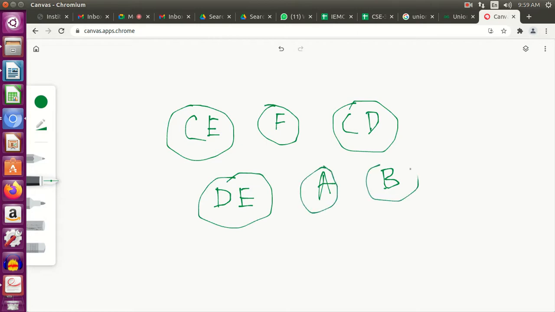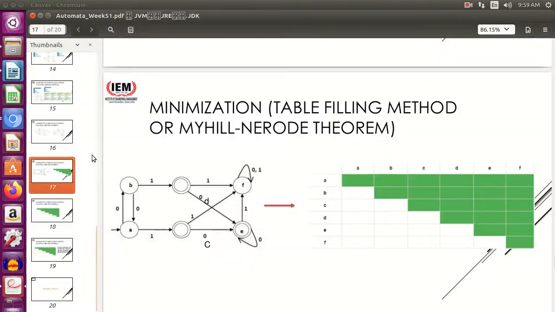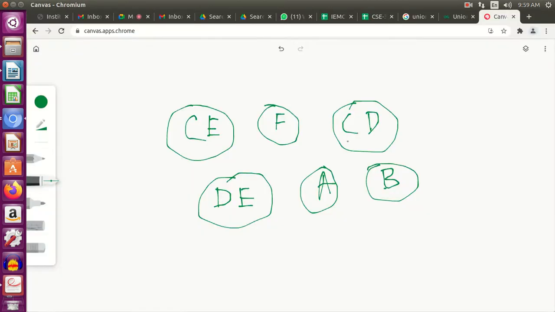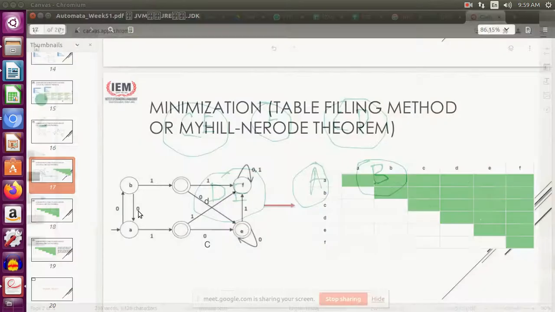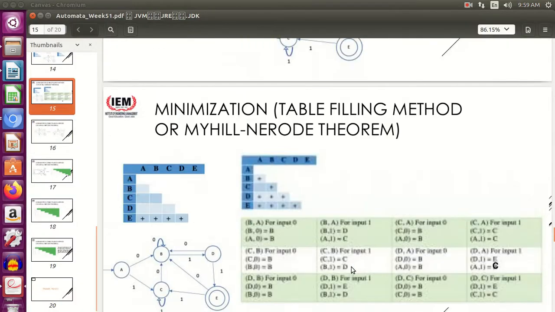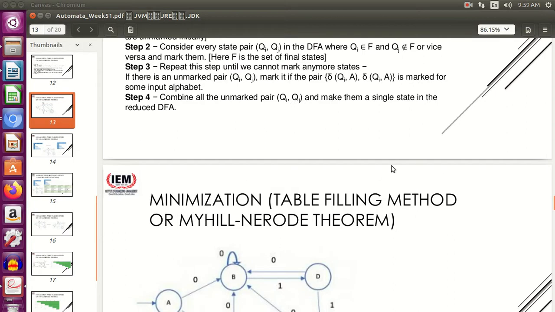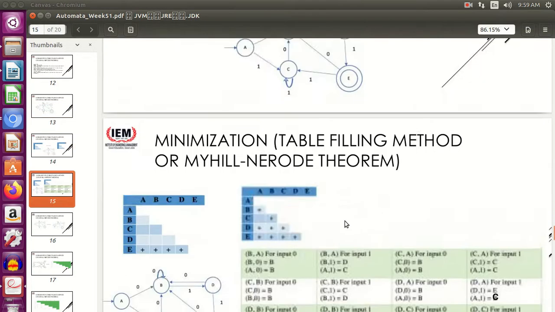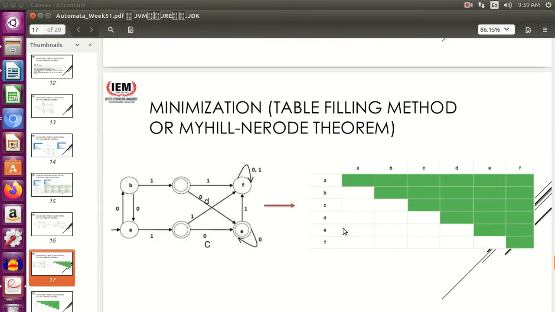So is there any reduction of states? We had 6 states, and over here also we are having 6 states. Let me check: combine all the unmarked states and make them a single state to reduce the DFA.